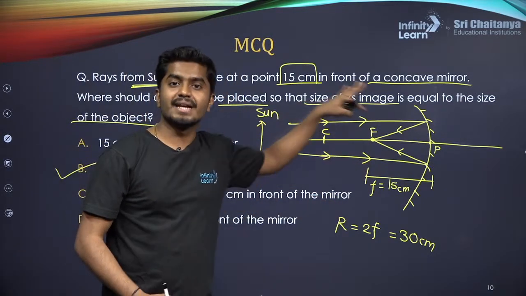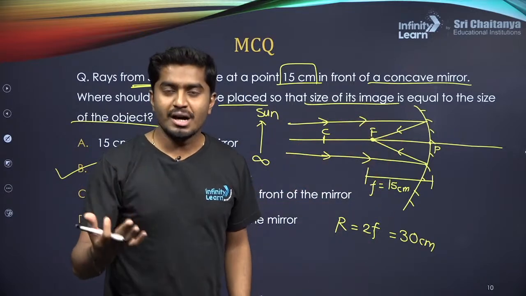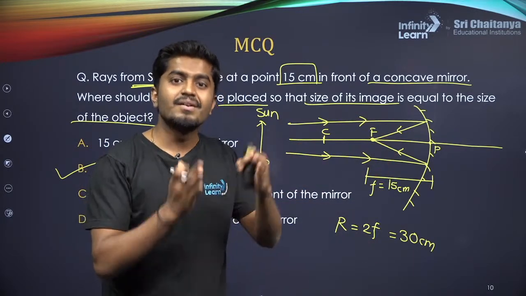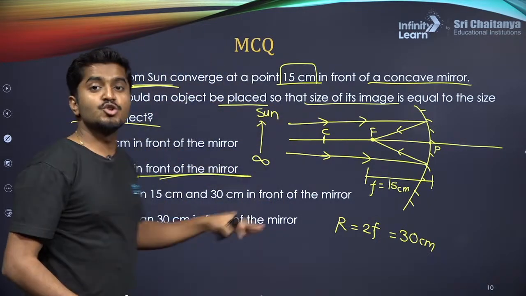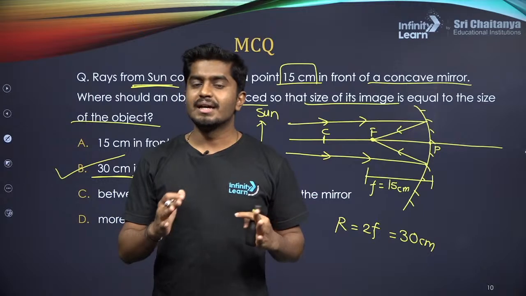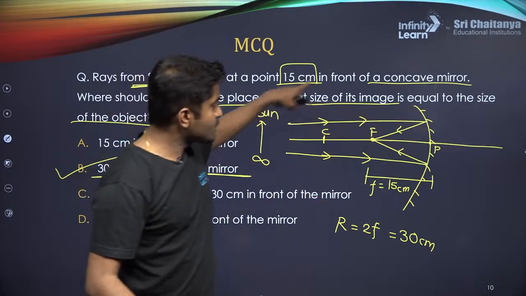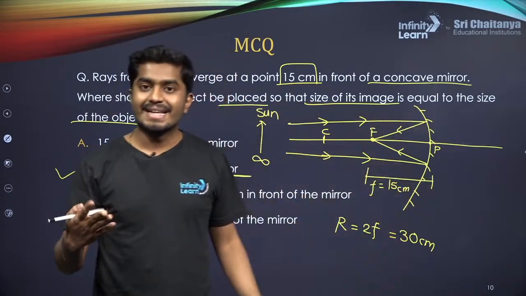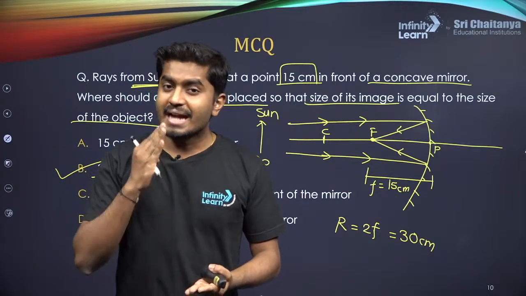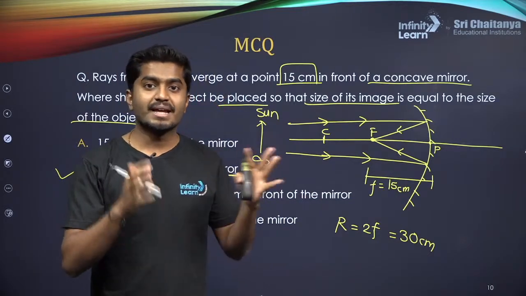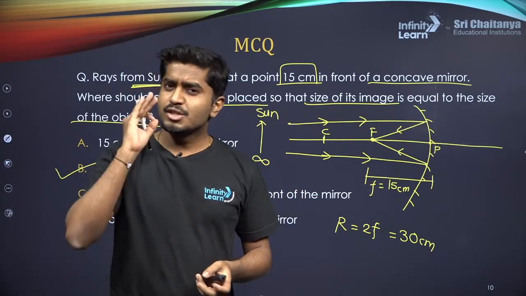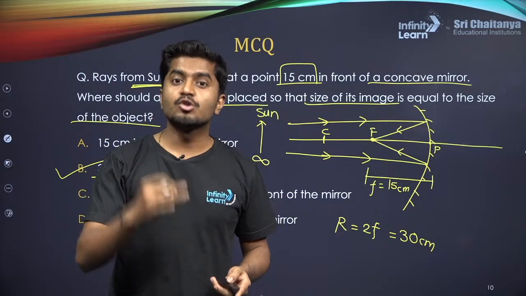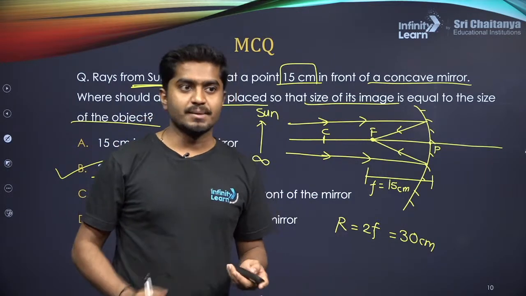If you can draw a simple rough ray diagram, then it would be very easy to solve such numerical questions. They are not difficult, but we get confused. We first don't draw this, and secondly, the sign convention. At the beginning, I spent 5-10 minutes explaining the sign convention. That is super important. You should go back and watch that part again.